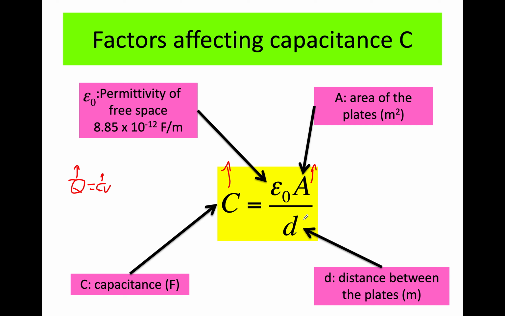And what about my distance? If I make the distance bigger, the electric field between the two plates has further to travel. There will be less repulsion between the two plates. Like for example, if I had a big gap between the plates and I had a small gap between the plates, and this side is positive, this side is negative, and this is positive, and this is negative.